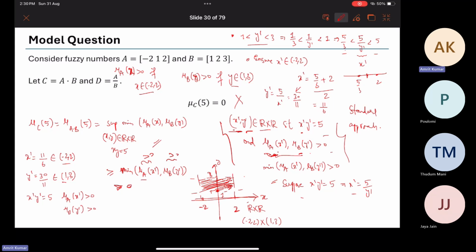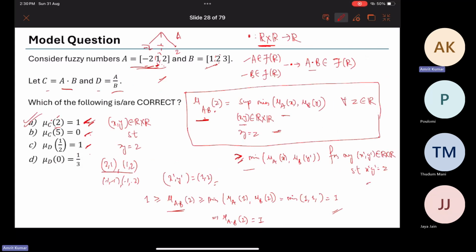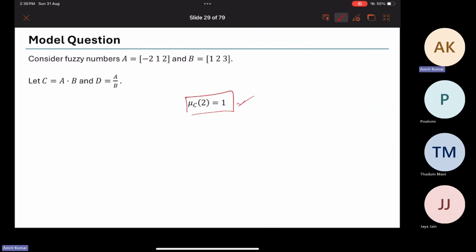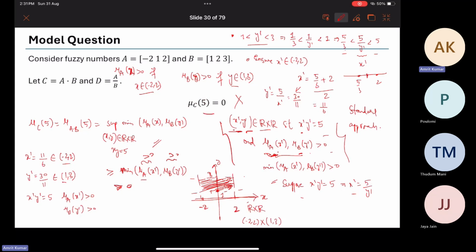So there are two classes of questions. In the first class, you are required to check if the membership of some number, in this case 2, in C is 1. In that case, you should find a pair x dash comma y dash such that x dash times y dash is equal to 2, and both the membership values are 1. And in the second class of question, you want to check if the membership function of 5 in C is 0.